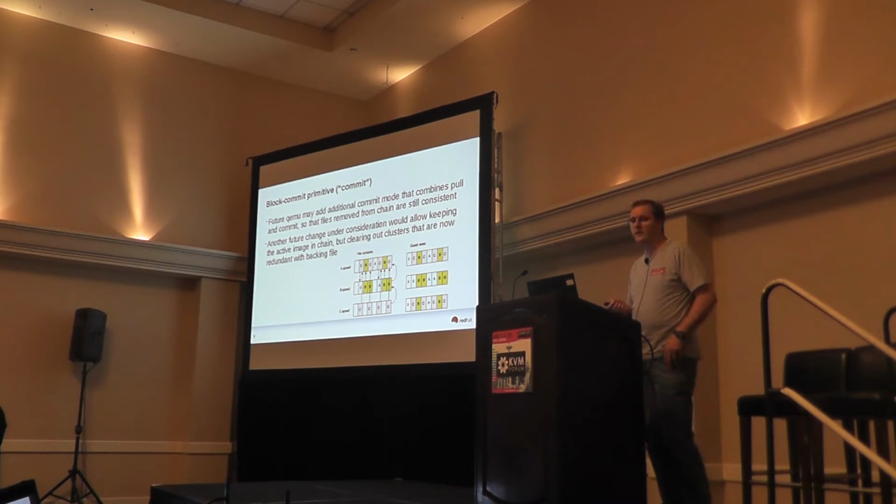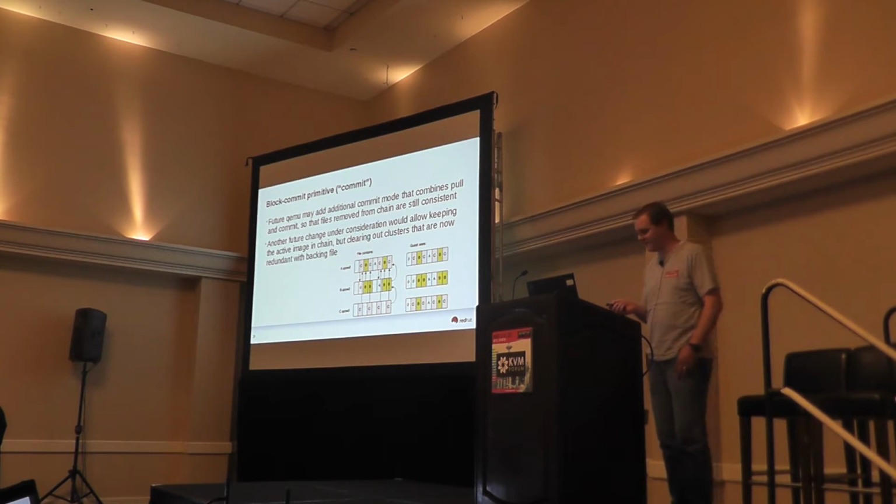The question is, can I do an intermediate stream from A into B and then do my commit from C into A? Yes, but doing it as two steps is less efficient than doing it as a one-step operation that does all. So it's just talk of a possible optimization.